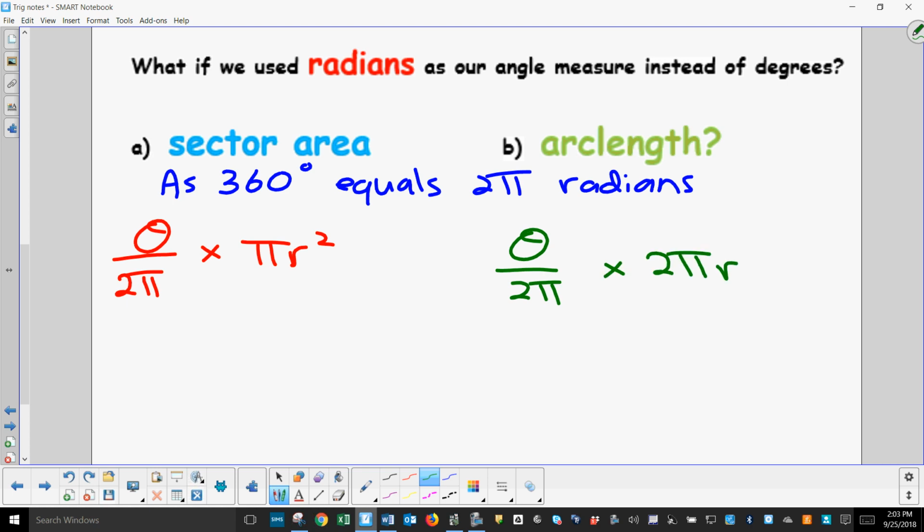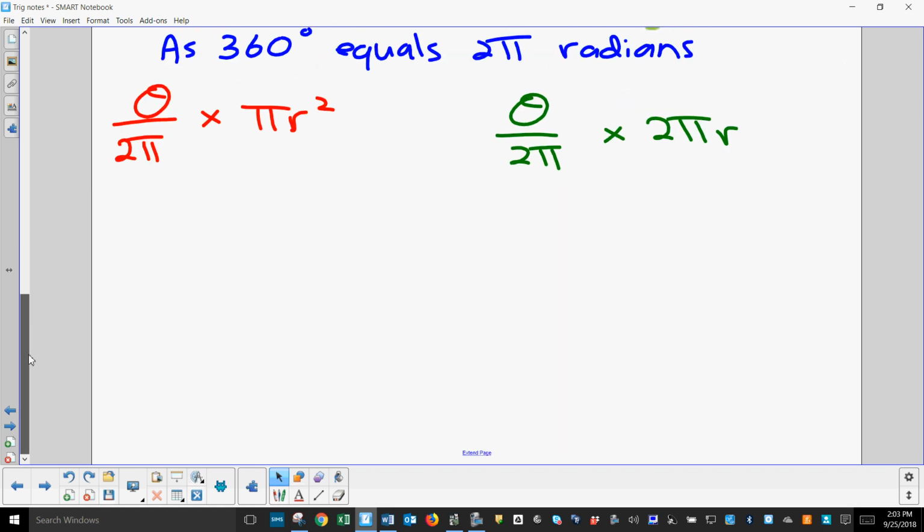But what's beautiful about using radians is they can cancel down a bit. So you can come up with a nice simple formula, which, if you were in a rush, you can simplify. What cancels down here?